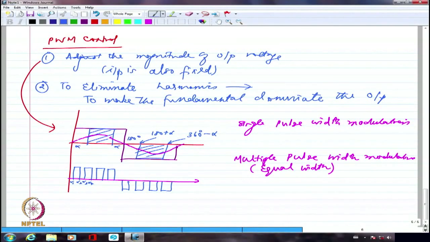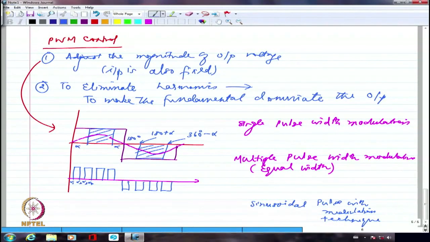But rather than that, the final one we will be concentrating upon is the sinusoidal pulse width modulation technique. Right?